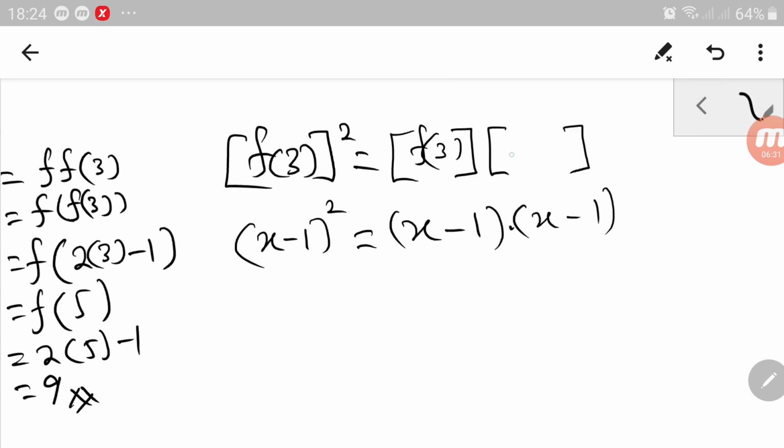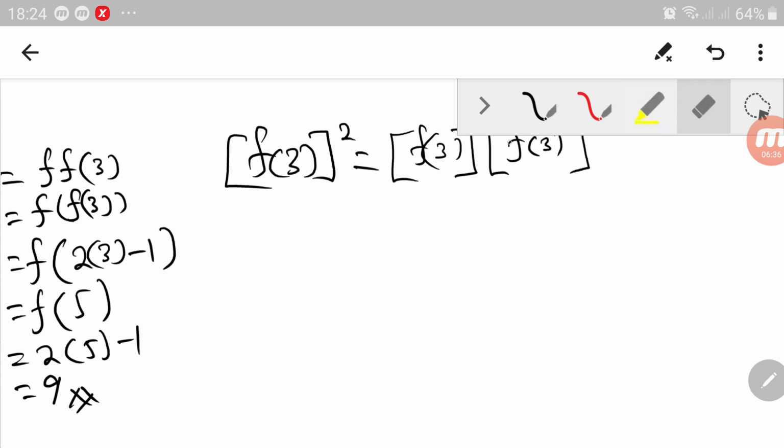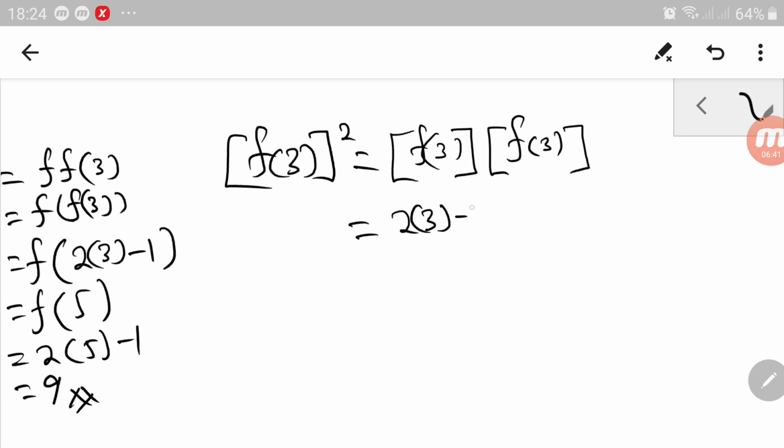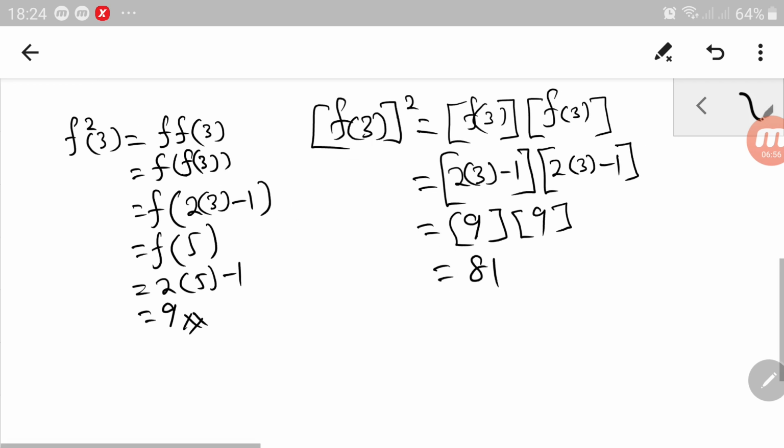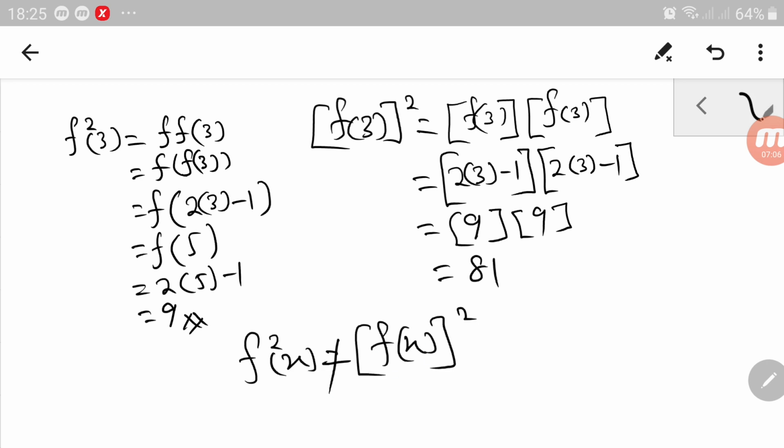Now, what is f(3)? 2 times 3 minus 1, so what we have is 9. Multiply by 9, which is 81. So from this example as well, we can see that f squared of x is never equal to f(x) with the square outside.